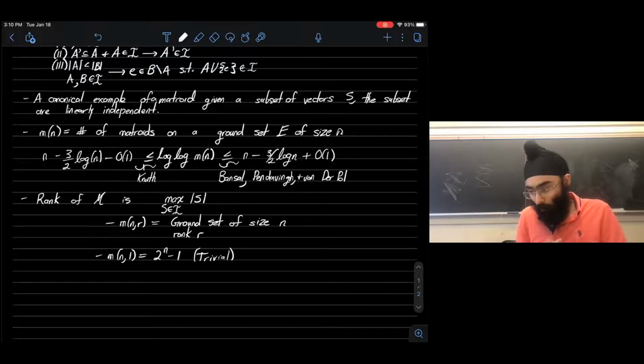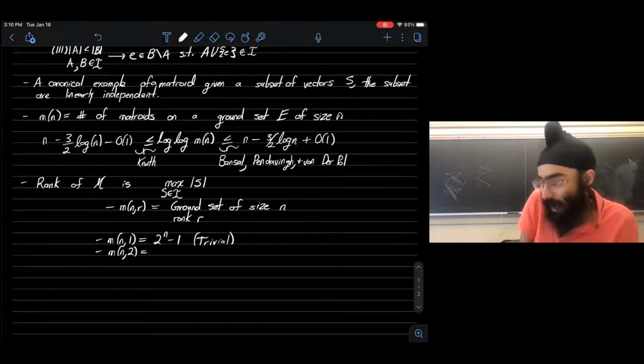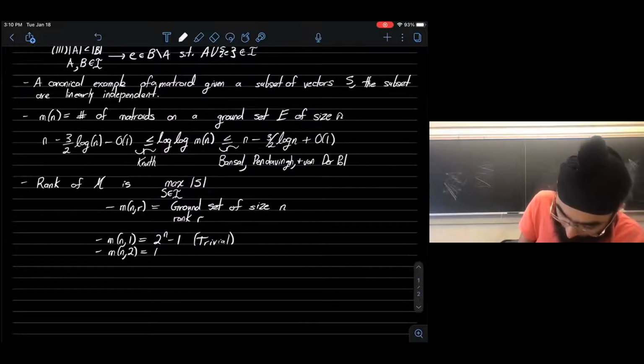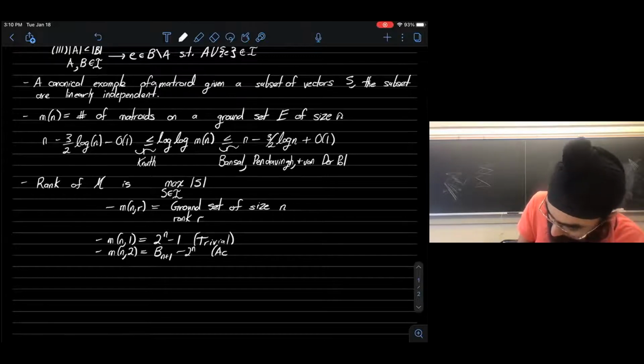And a more involved but also relatively direct argument tells you that there's an exact formula for M_{n,2}. This is B_{n+1} minus 2^n. These are the Bell numbers, with some correction, and I believe this was first observed by Acketa in 78.